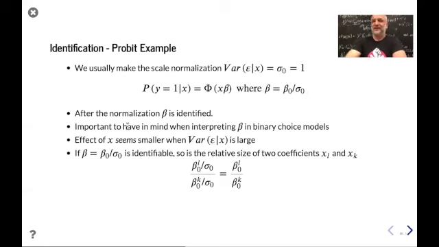This is also important to have in mind when interpreting beta in binary response models, because it's not only the case for Probit, it's also the case for other binary response models where we make some assumption about the distribution of the error term to get our response probabilities. So to get our G functions.